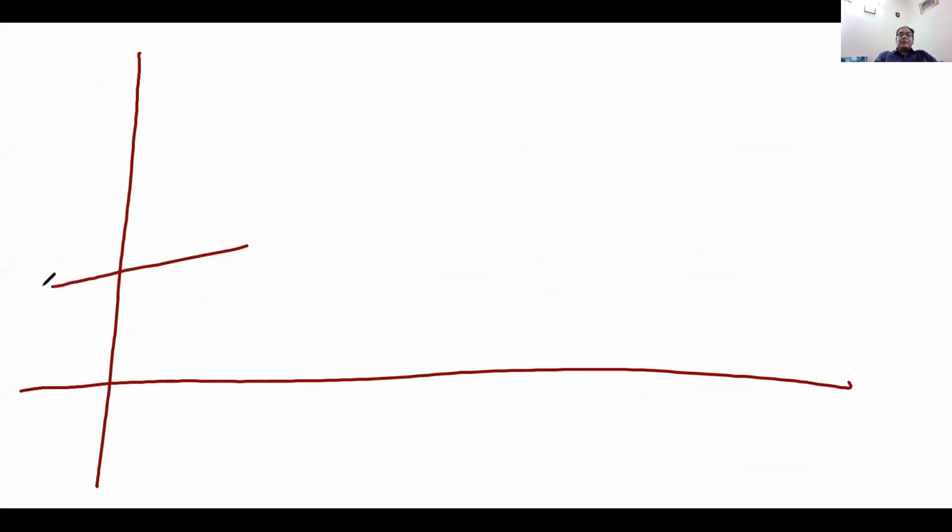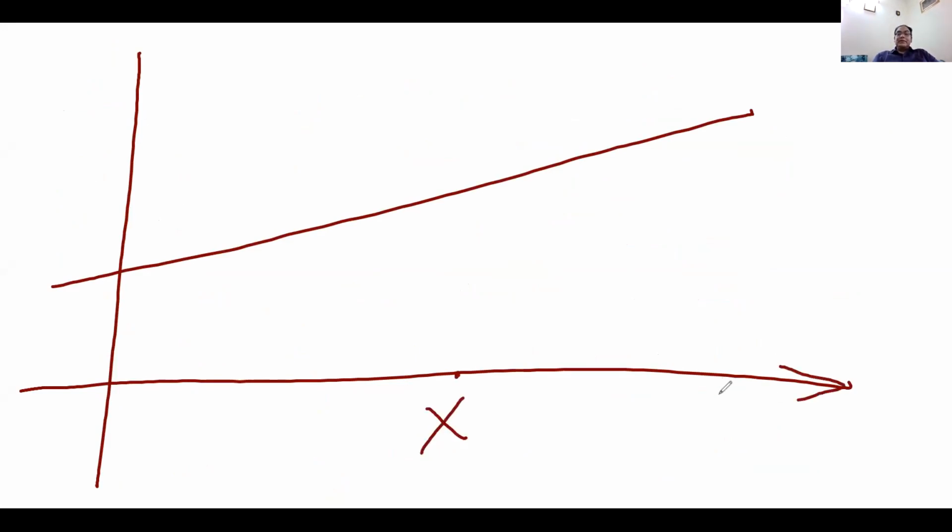Now I'm telling you one thing which is very important if you want to understand. This is the X axis, and this is the Y axis. Suppose we have X1, a particular value of X. When X is X1, what is the corresponding value of Y?